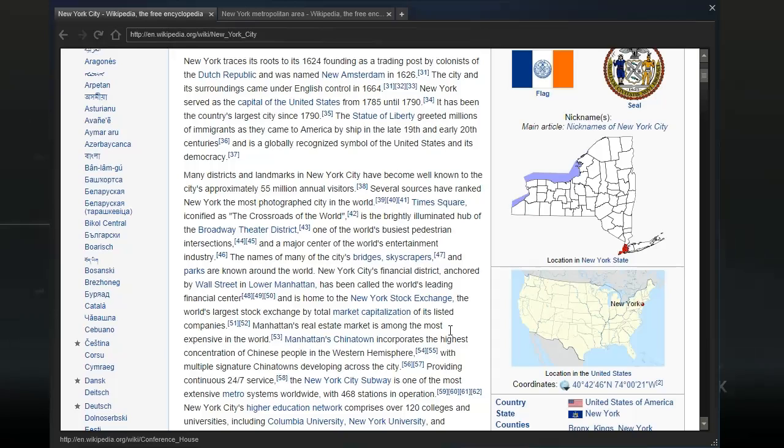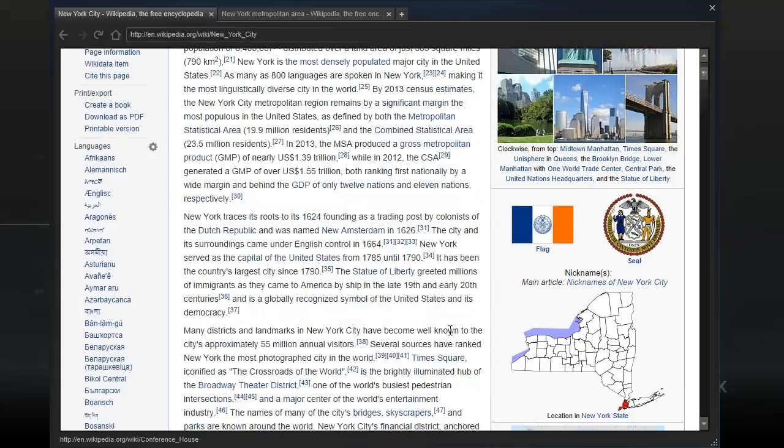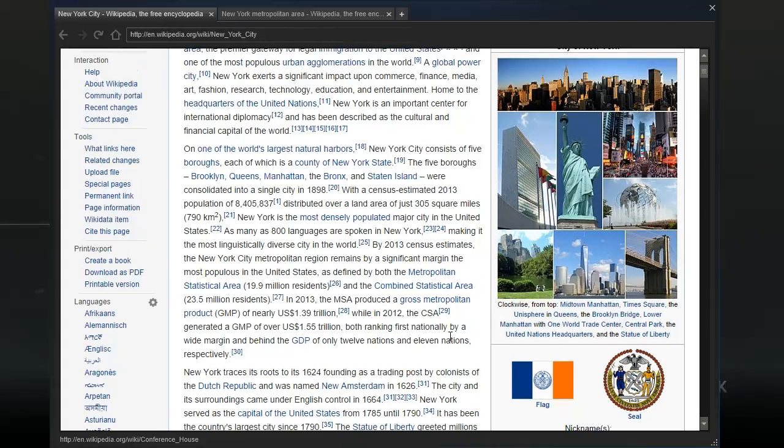And if you look at the history, it was an early center of the abolitionist movement. It is very diverse. Over 200 languages are spoken in New York, and it is also the home of the United Nations. So, I mean, the power.